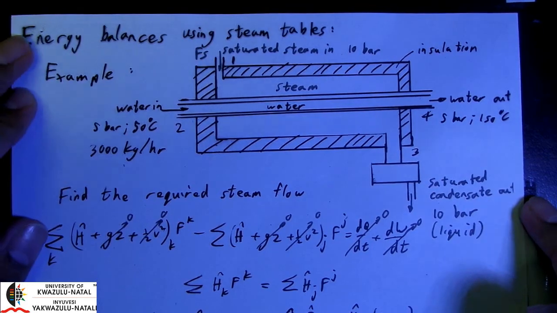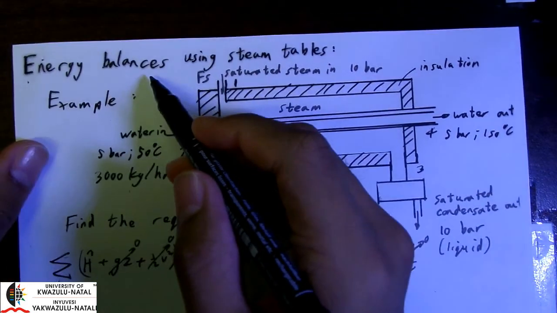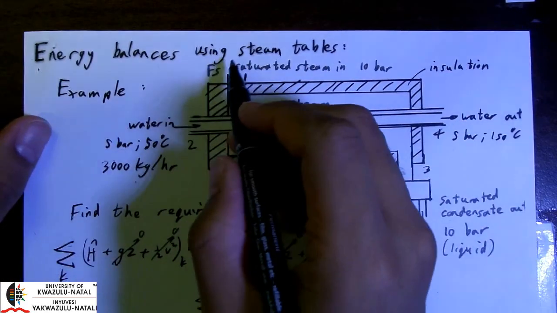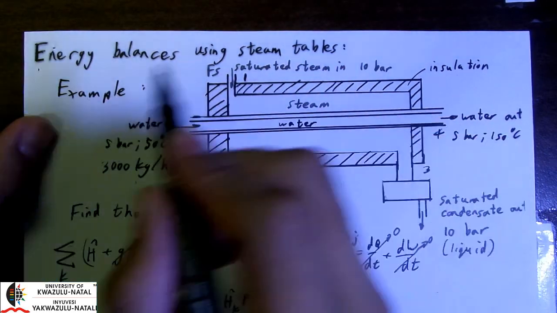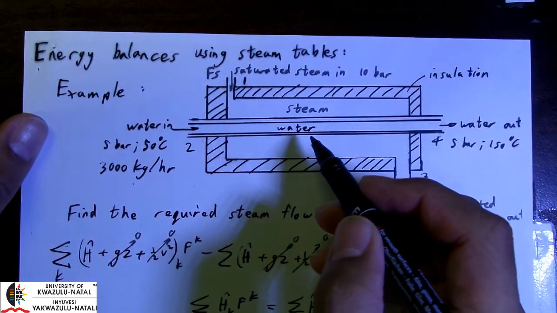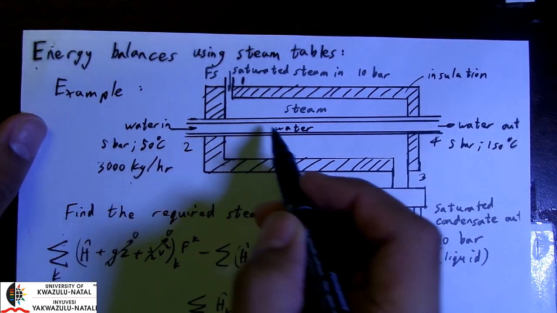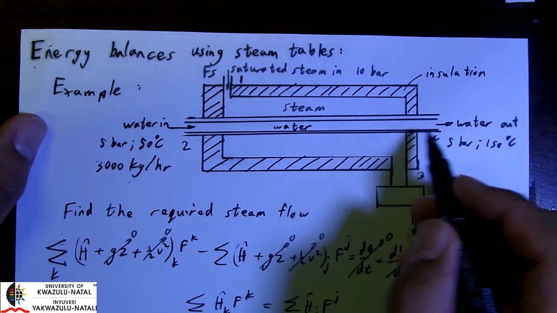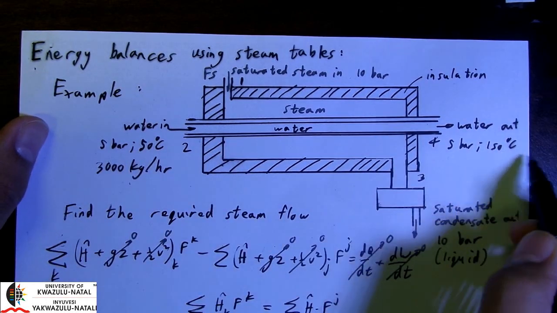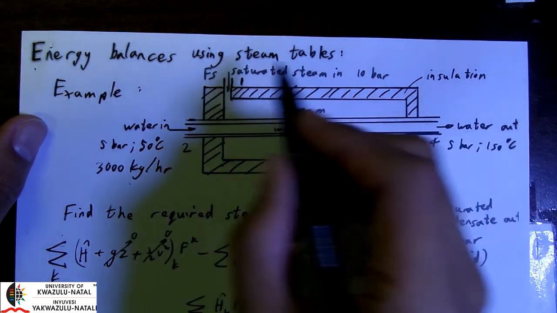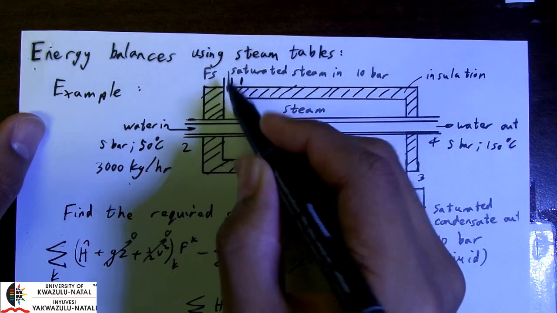Okay, now let's look at a simple energy balance example where we can use our steam tables. Okay, so consider the following heat exchanger where we have water coming in and it's being heated up from 50 degrees to 150 degrees by saturated steam.